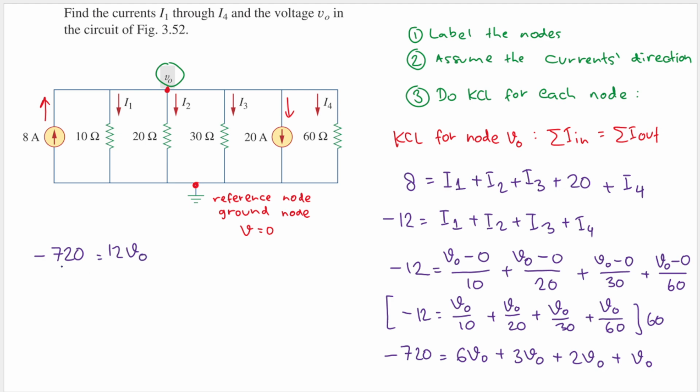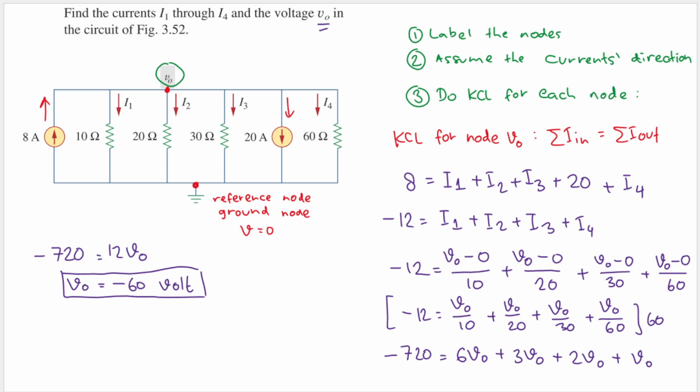Dividing both sides by 12, we get V0 equals minus 60, and the unit is volts. This is one of the variables asked by the problem.